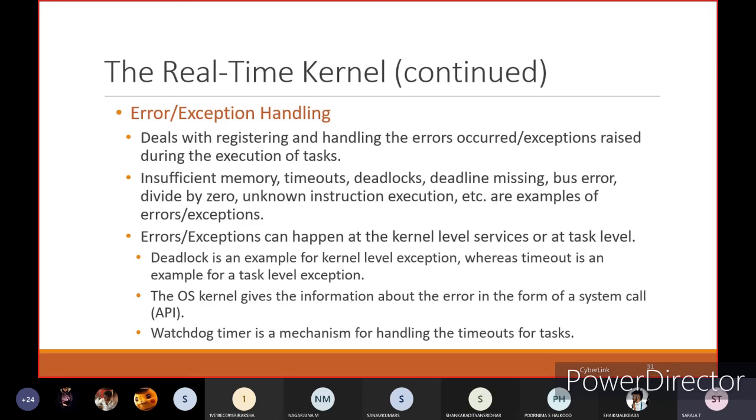Errors or exceptions can happen at the kernel level services or the task levels. Deadlock is an example of a kernel level exception, whereas timeout is an example of a task level exception.